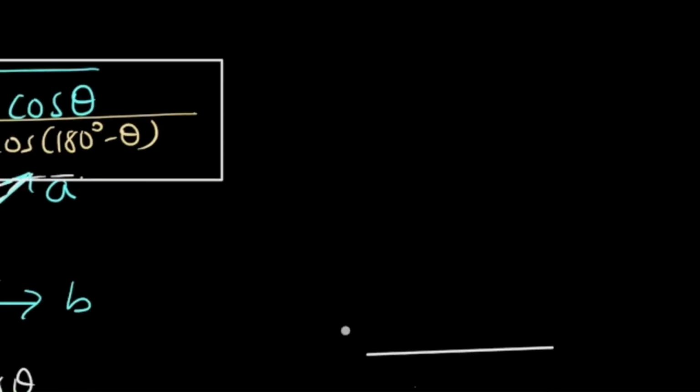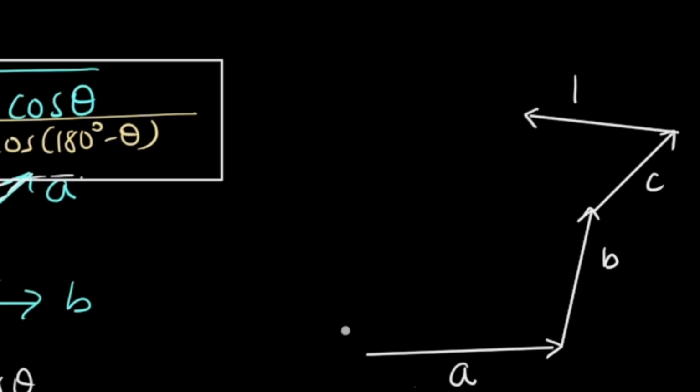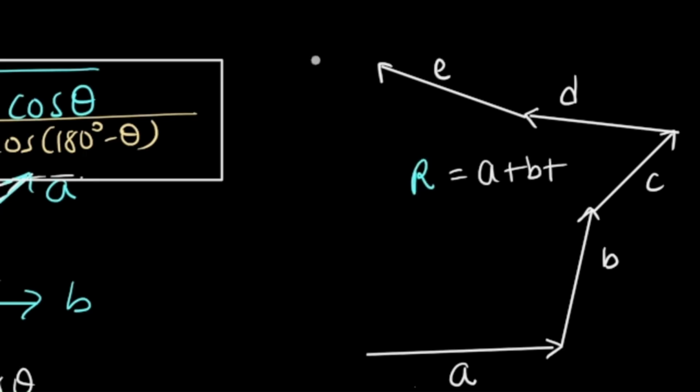Let's say, here you go, your first vector A, second vector B, third vector C, fourth vector D, fifth vector E. And what you're trying to find is vector R, which is equal to A plus B plus C plus D plus E.